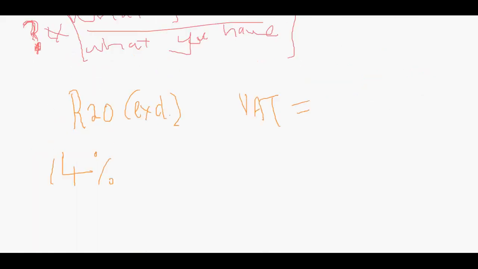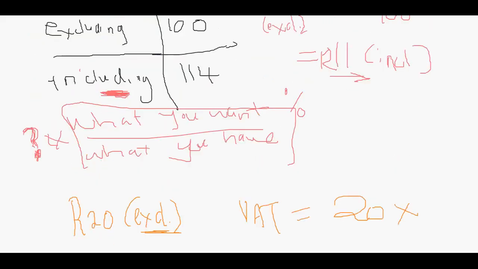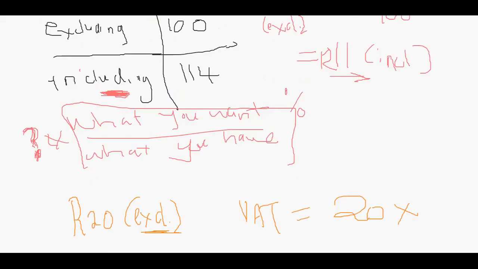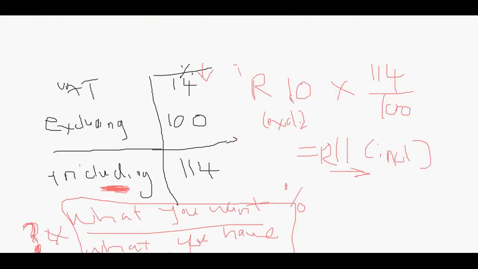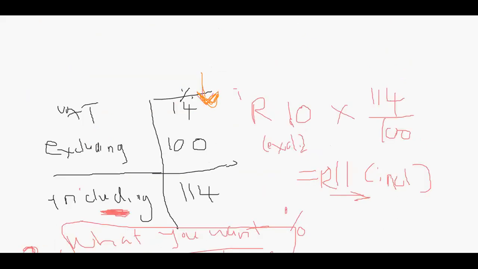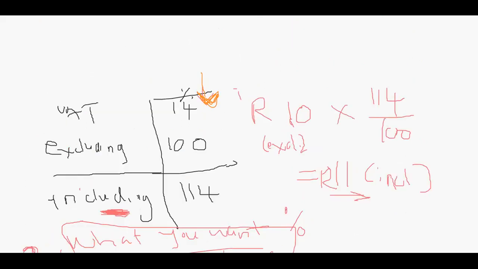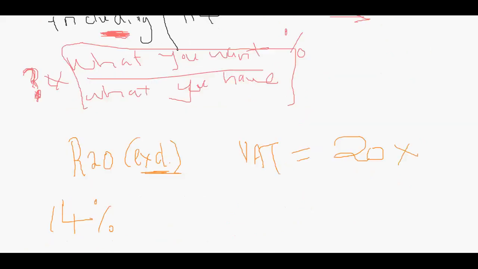So what you do, you take this number, 20, right? This is excluding VAT. Then you times it by what you want over what you have. So remember, when you come to this part of what you want over what you have, you must look at this percentage column over here. So what do we want? Do we want the VAT, the amount excluding VAT, or the amount including VAT?